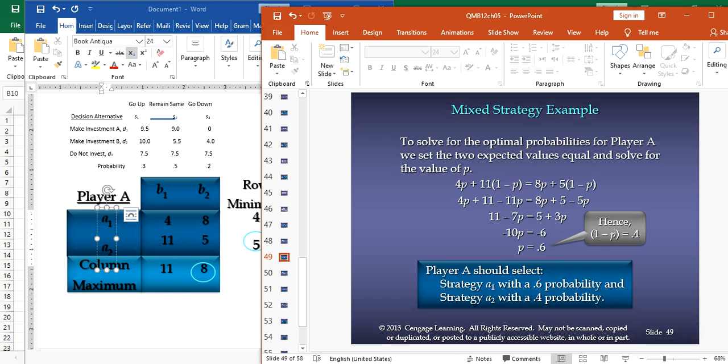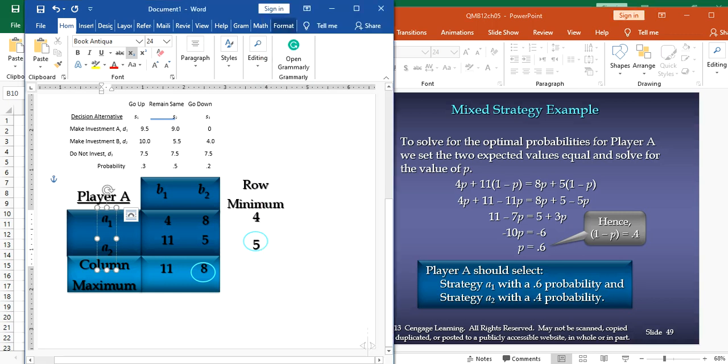Now, strategy A1 with the probability of 60% and strategy A2 with the probability of 40%.